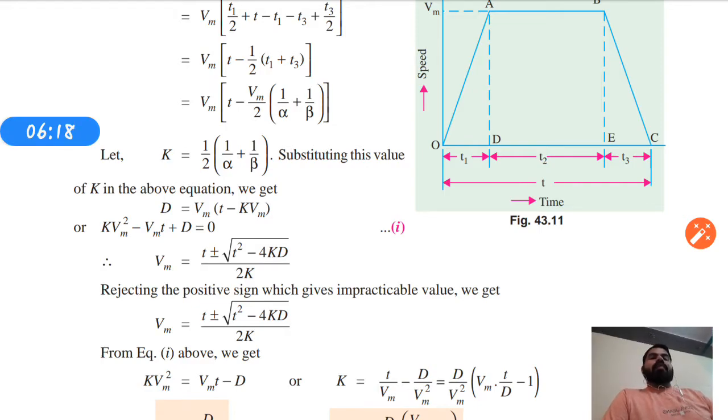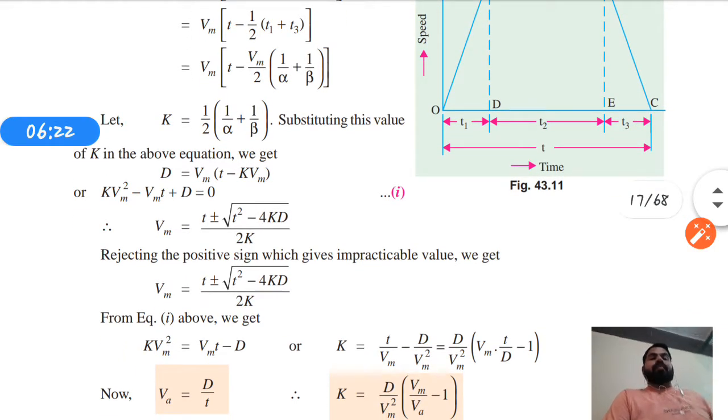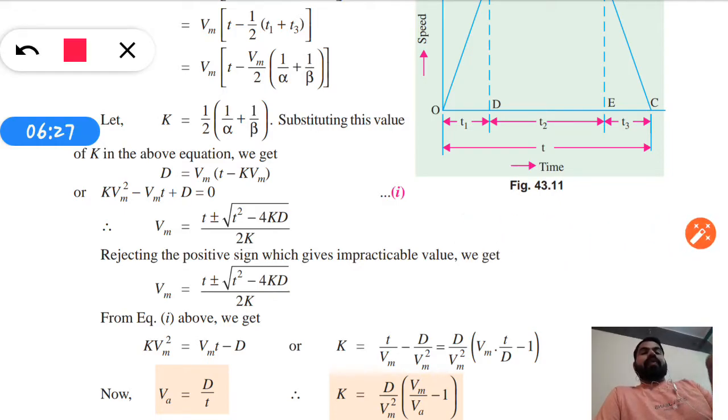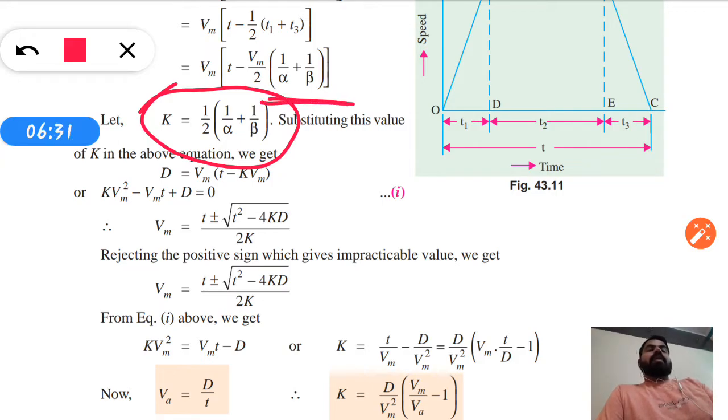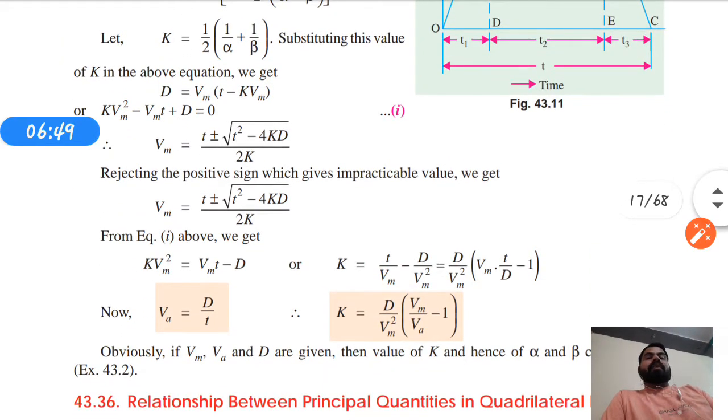Let k be equal to 1/2 into 1 upon alpha plus 1 upon beta. Substituting this value of k, we assumed that k is equal to 1/2 into 1 upon alpha plus 1 upon beta. So D equals Vm t minus k Vm squared.